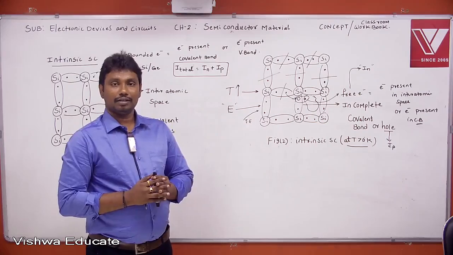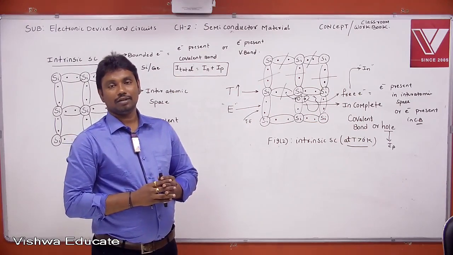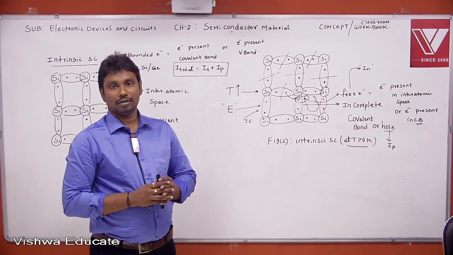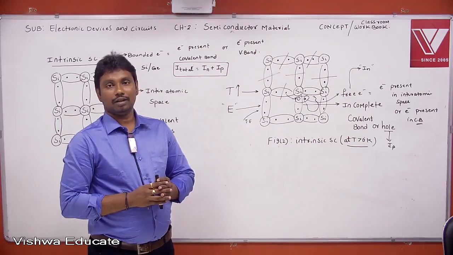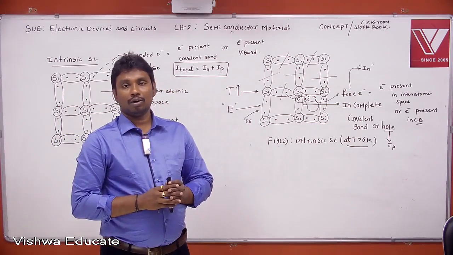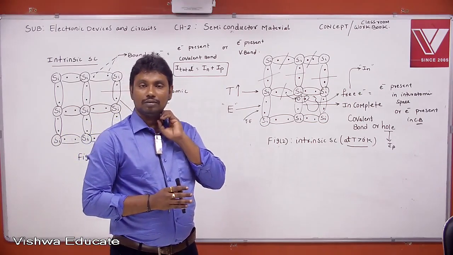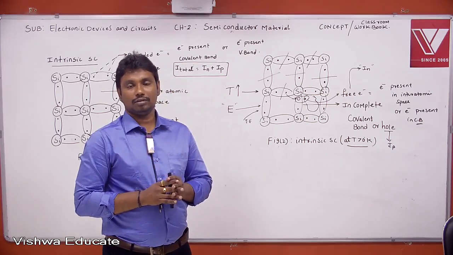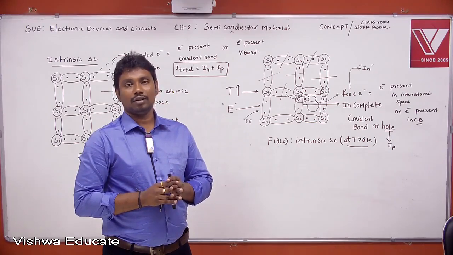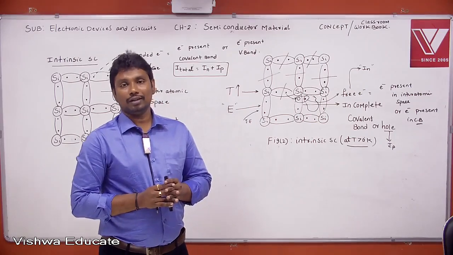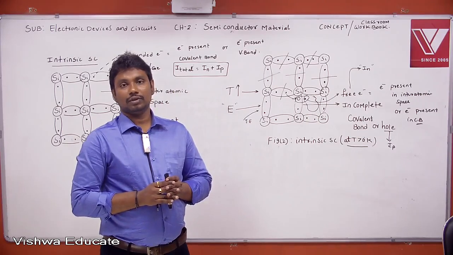Next, similarly, due to the applied external electric field, electrons can move in covalent bonds, in bracket bonded electrons, and produce hole current, in bracket I_P.